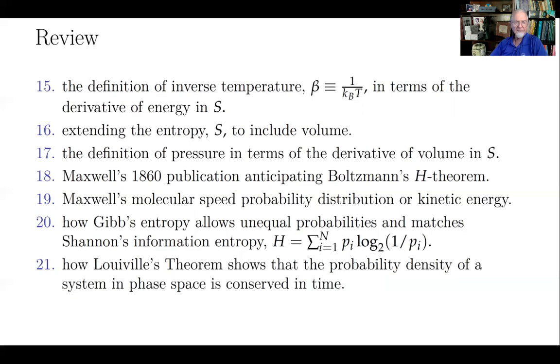And extending the entropy to include volume, because initially it was independent of volume, the definition of pressure was then also in terms of a derivative of the entropy state function with respect to volume.